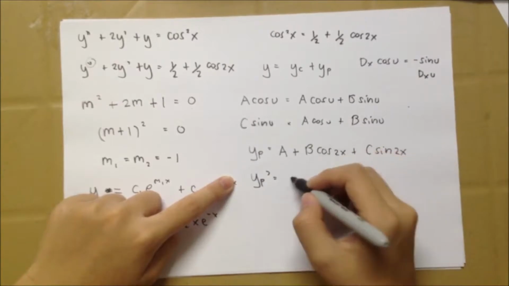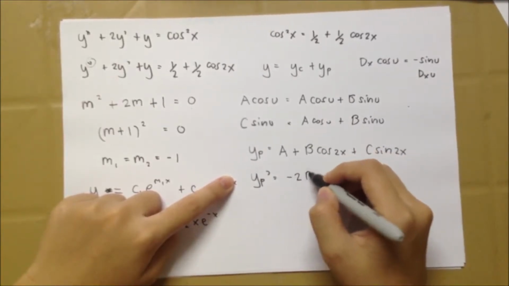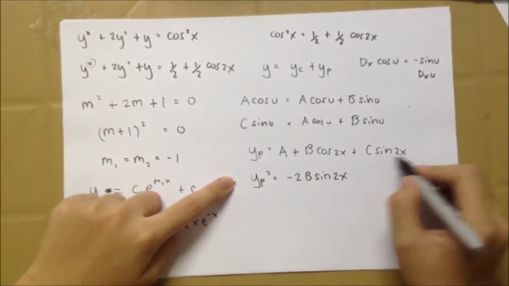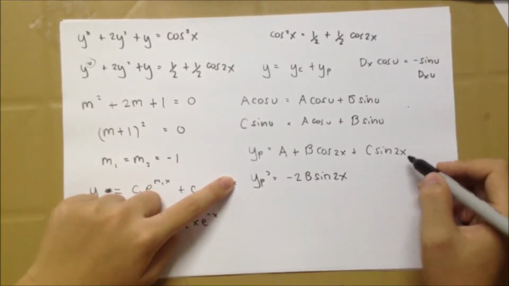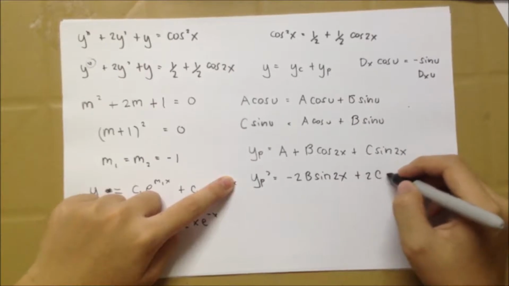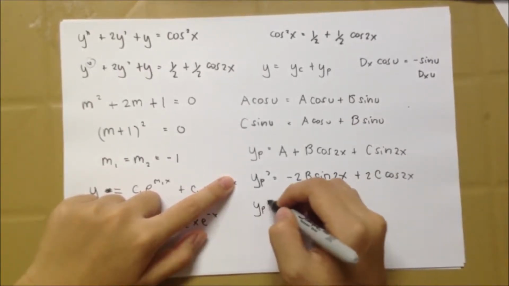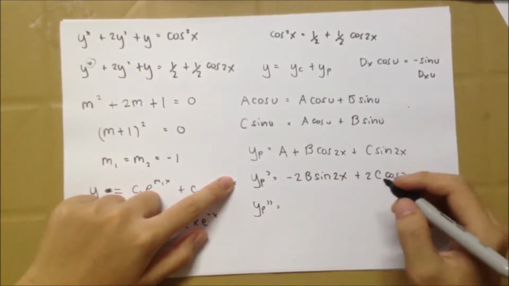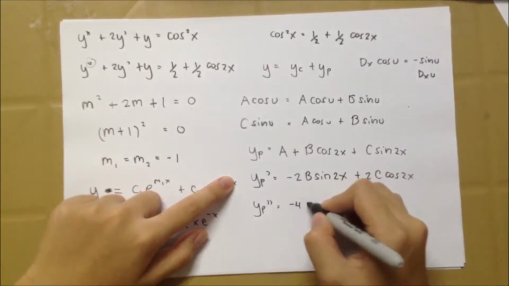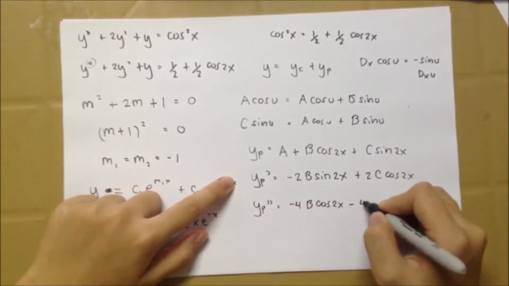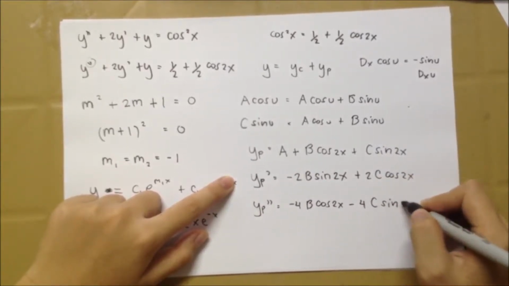So I am going to write negative 2b sine of 2x, and the derivative of sine is a positive cosine, so plus 2c cosine of 2x. Now getting the second derivative, still using the same process of differentiation, I will have negative 4b cosine of 2x minus 4c sine of 2x.